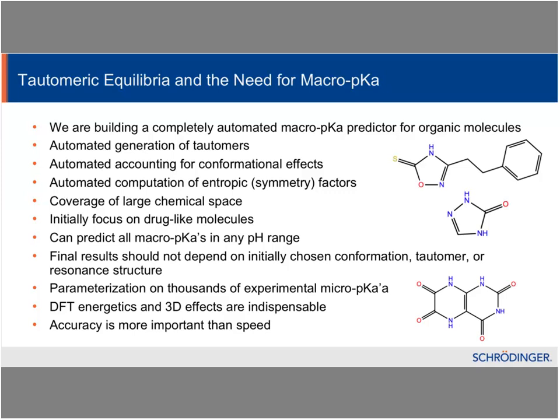It accounts for conformational effects in the manner that I showed in the previous few slides. So we do utilize all of this knowledge that we learned about doing conformational search in the Jaguar pKa program, and we use it in the MacroPKa program. We automatically compute entropic and symmetry factors in case there is symmetry in the molecule.